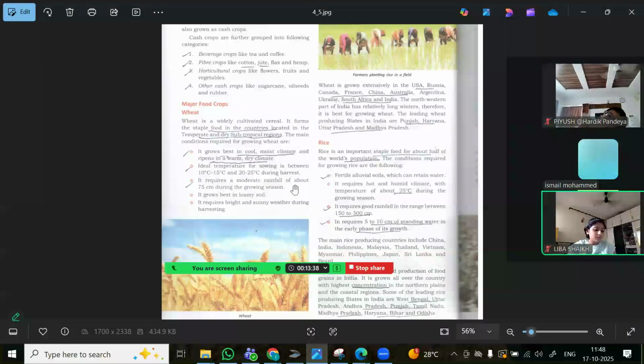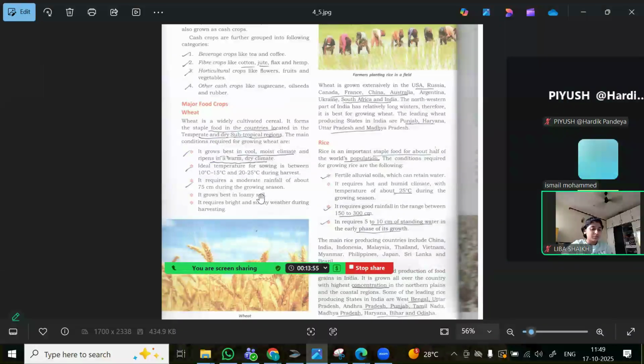It requires moderate rainfall, meaning about 75 to 100 centimeters or below. 100 to 150 is heavy rainfall. So it requires moderate rainfall during the growing season, and bright sunny weather.